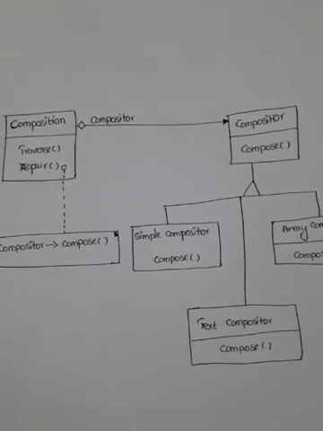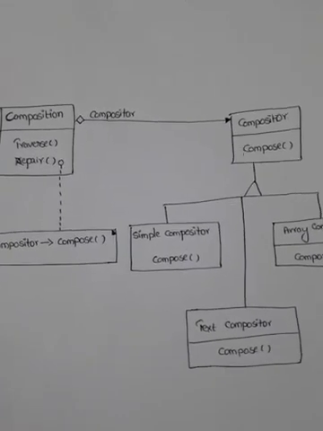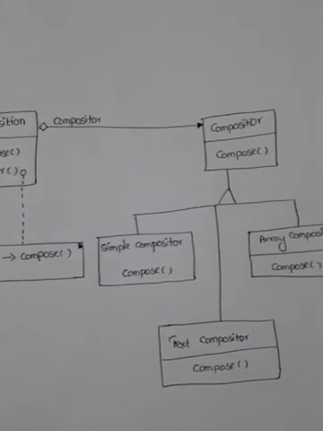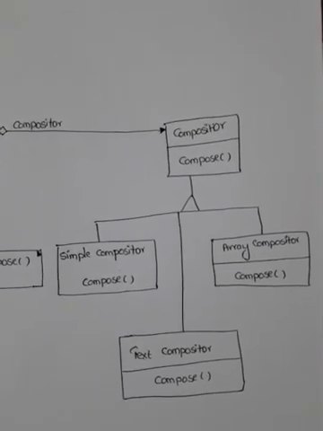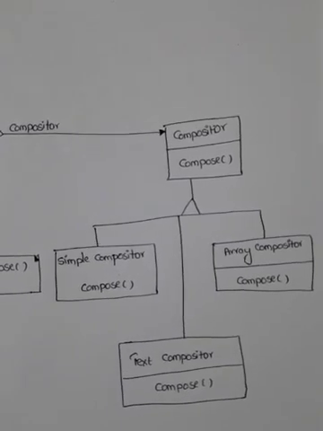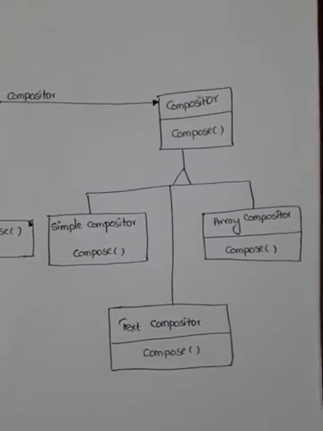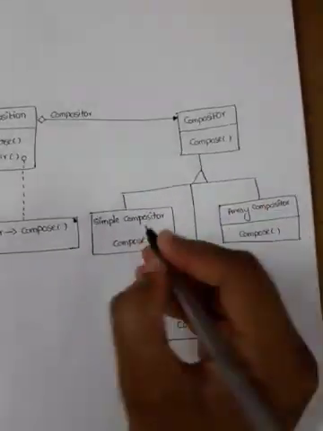Line breaking strategies are not implemented by the class composition. Instead, they are implemented separately as subclasses of the abstract compositor class. These compositor subclasses implement different strategies, that is simple compositor, text compositor and array compositor.